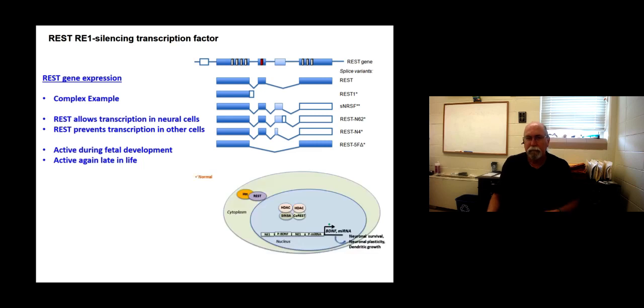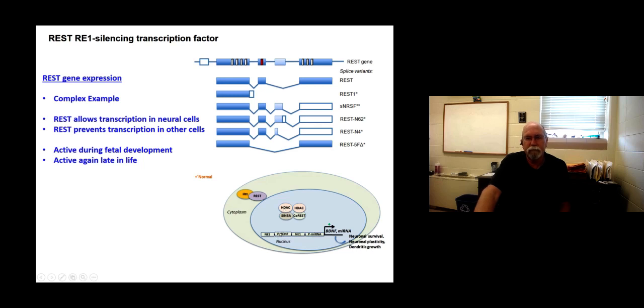Okay, and normally what it does is that the REST protein is attached to other proteins, and when it's present, it's outside of the nucleus. It doesn't have its normal job.